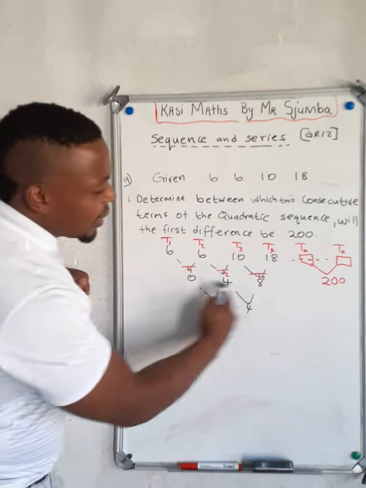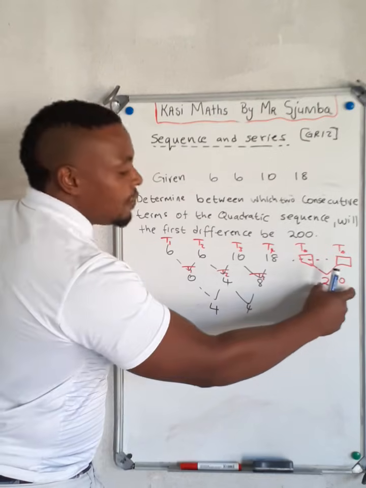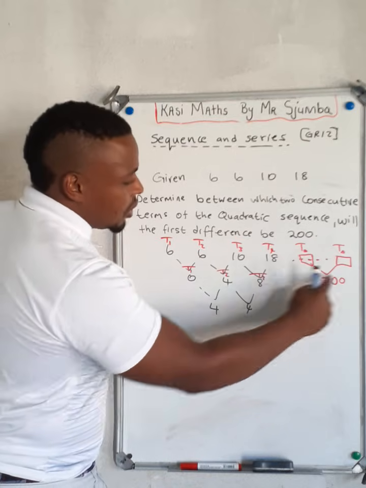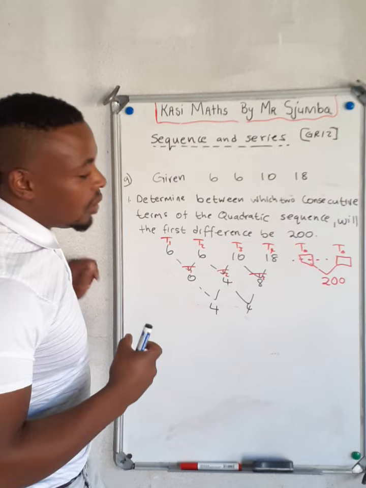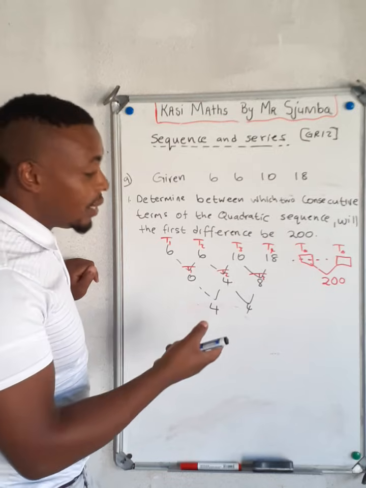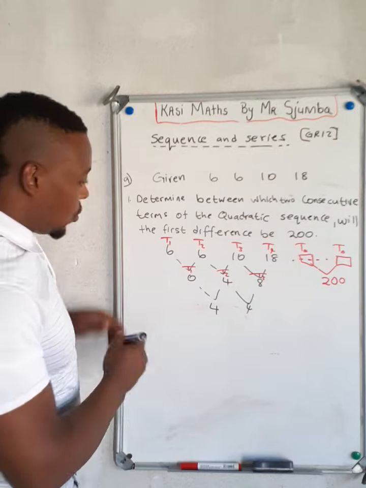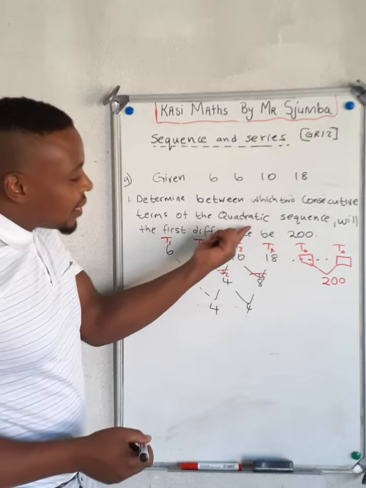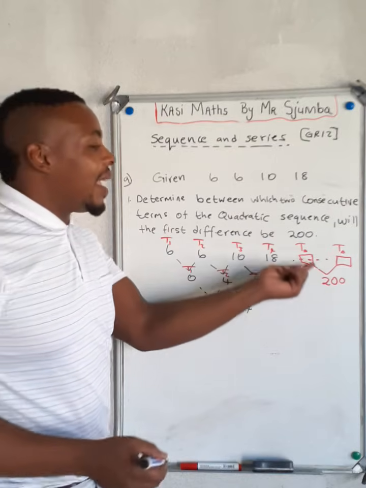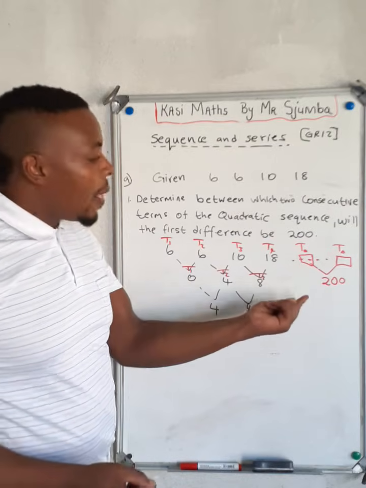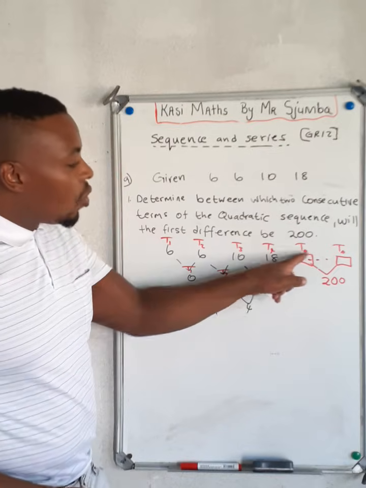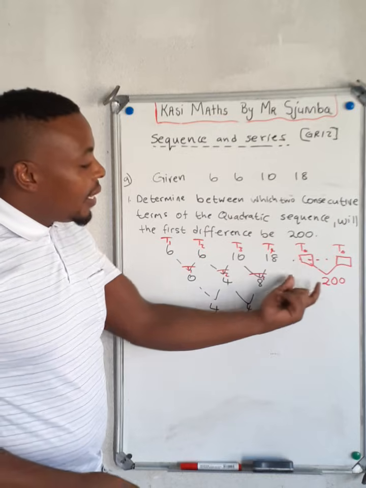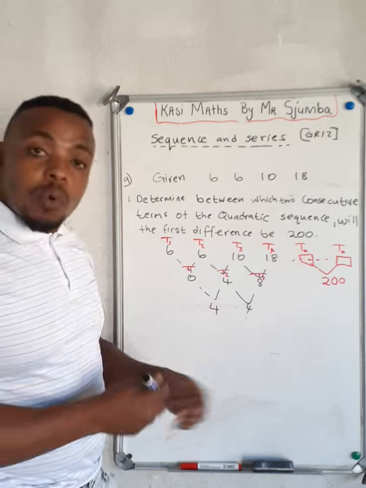Since 200 is in the linear, we use the arithmetic formula to find the position of 200. We cannot use the quadratic formula, because that would give us the term whose value is 200 in the quadratic.